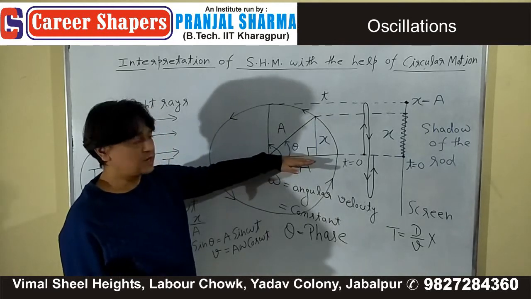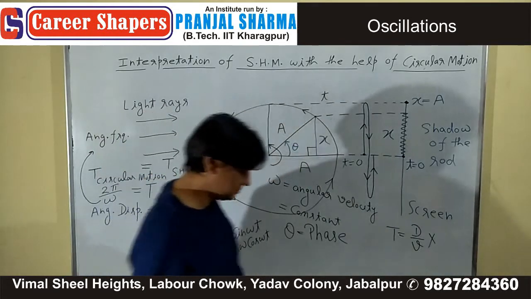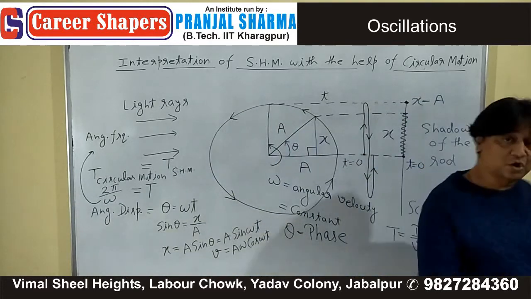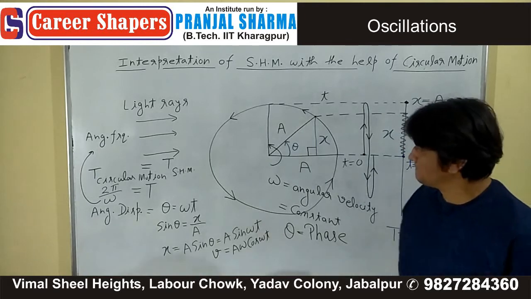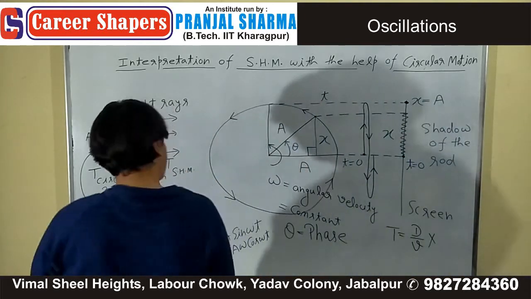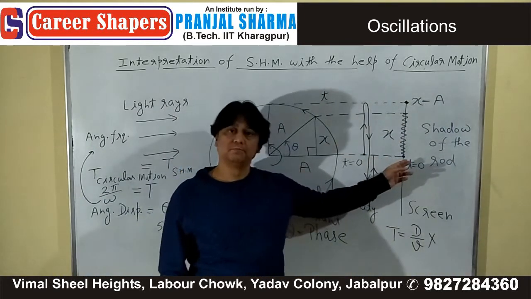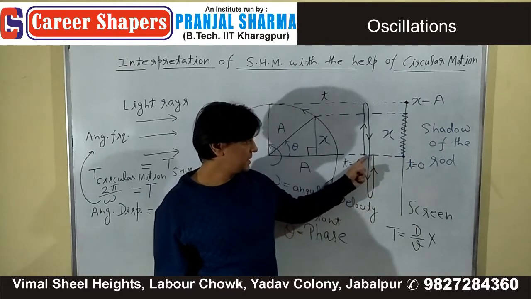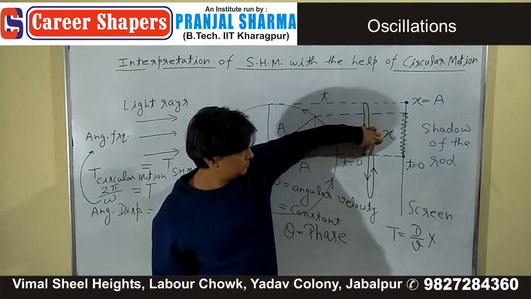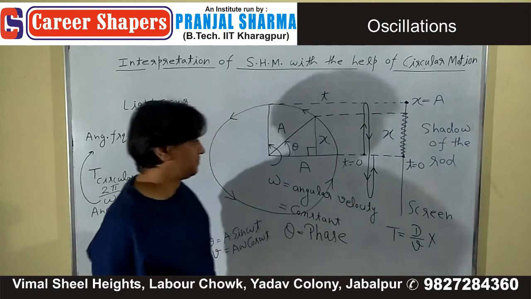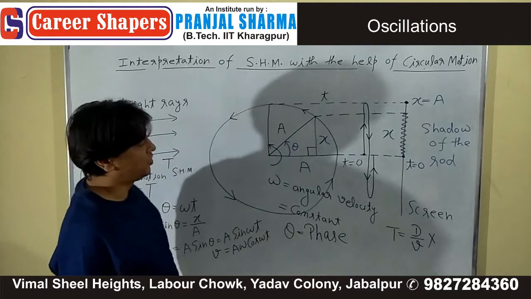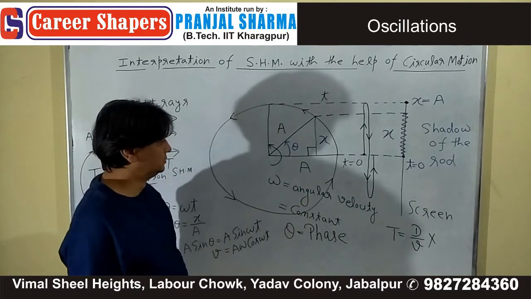When the rod completes half circle, the tip of the shadow is at the mean position but is going for negative amplitude.